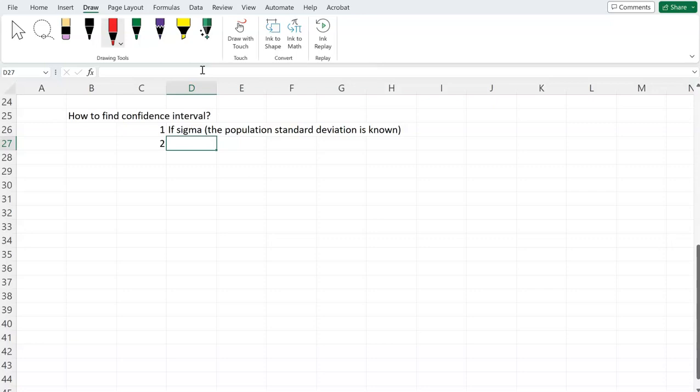The other is if the population standard deviation, sigma, is also unknown. So we are going to use these two methods, supposing that sigma is known and supposing sigma is unknown, to find out how to find my confidence interval.